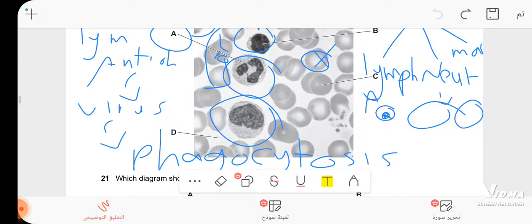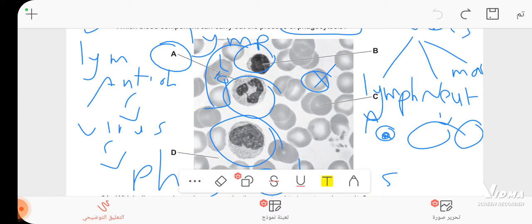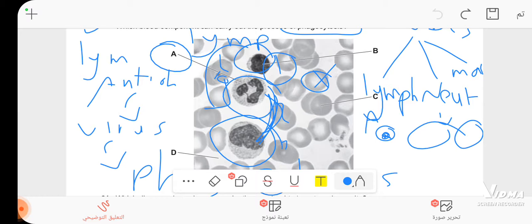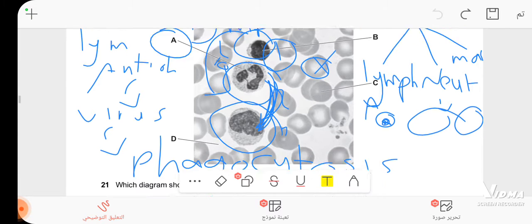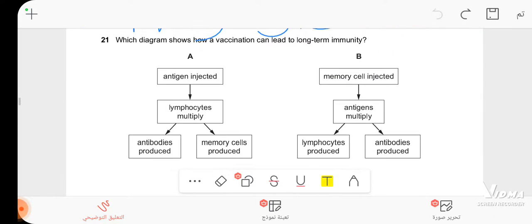So the answer here will be A, because we have no arrow here. The answer will be A. And as we said again, we have three types of white blood cells. 1, 2, 3. One kills the microorganism, which is bacteria or virus, by producing antibodies, and the two other cells, neutrophil and the macrocyte, will engulf it. Or we cannot say eat it, Paper 2, just engulf or destroy it or lyse it.